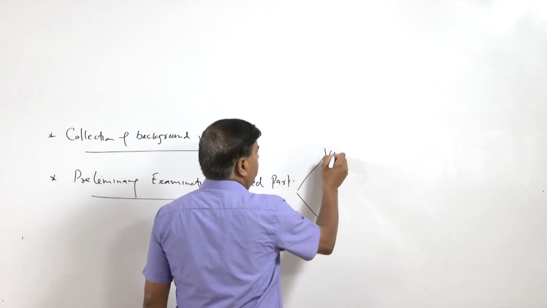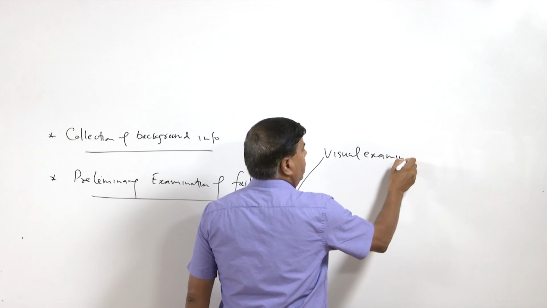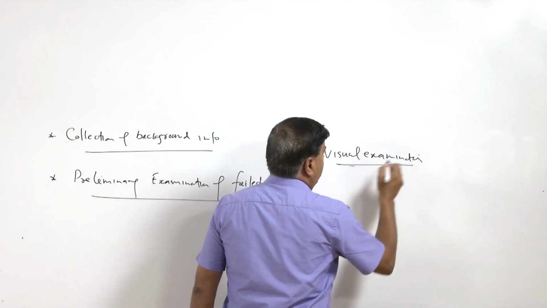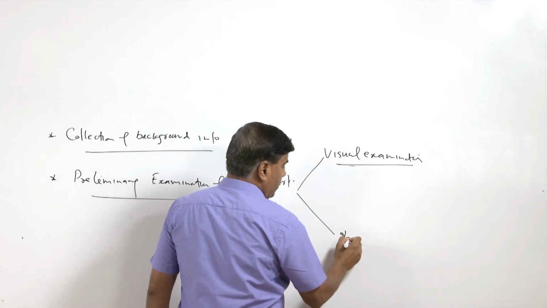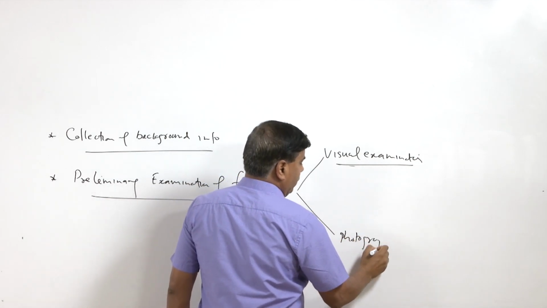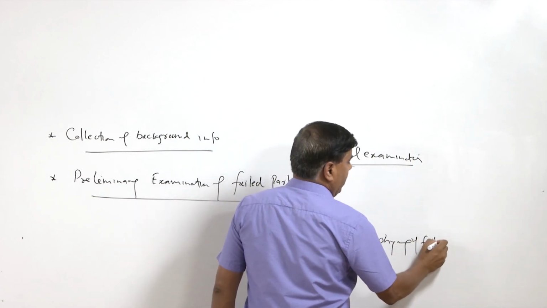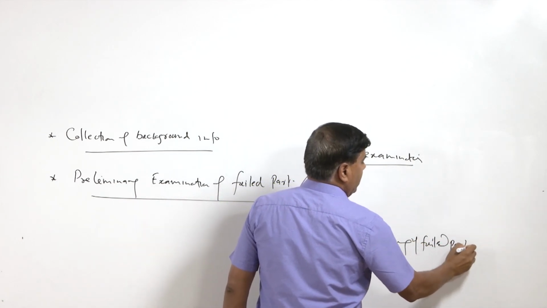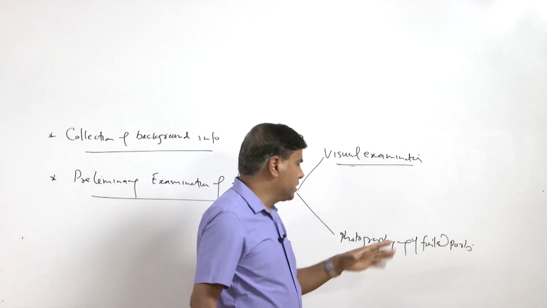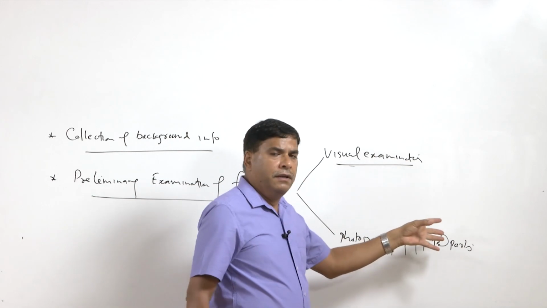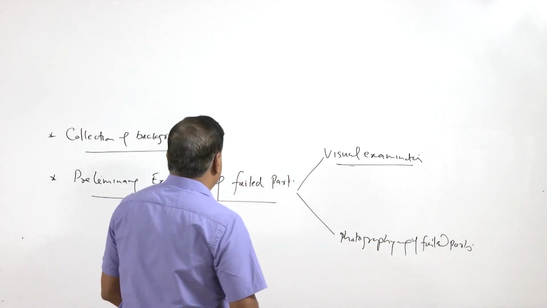One is the visual examination of the failed part, and the second one is the photographing of the failed part. Of course, first the visual examination is conducted, and thereafter we will be undertaking the photographing of the failed part.